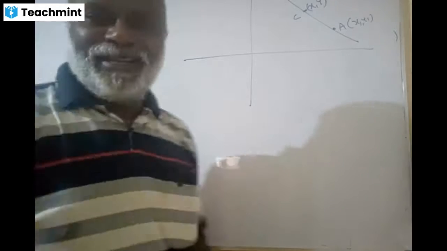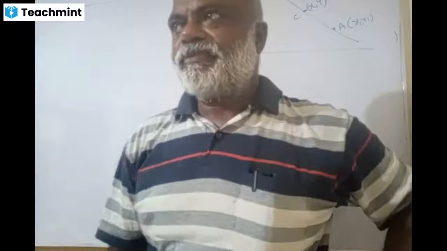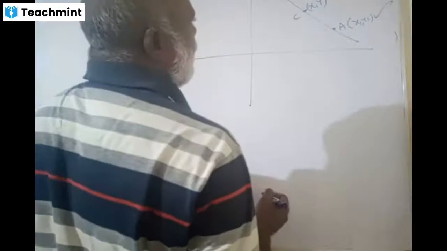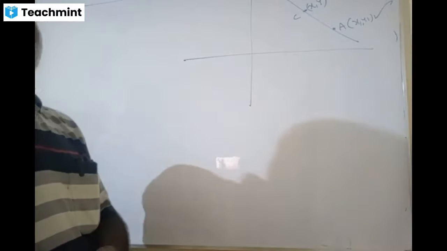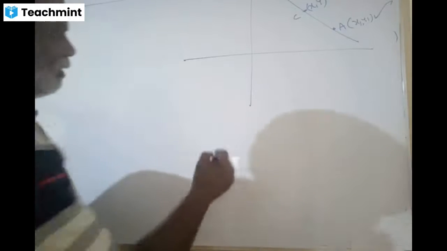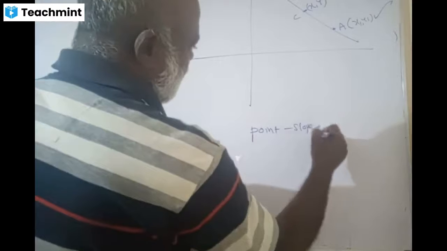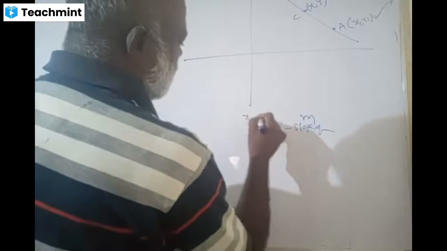Friends, just now when a point is known and the slope is known, what did you write? Earlier, in the point slope form, m is given and the point is x1 comma y1.